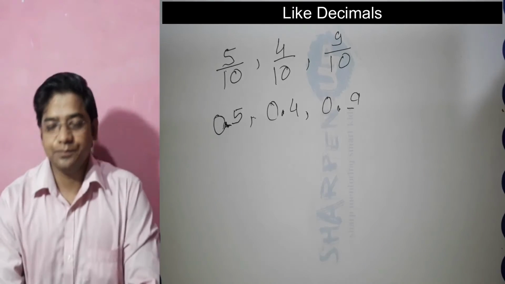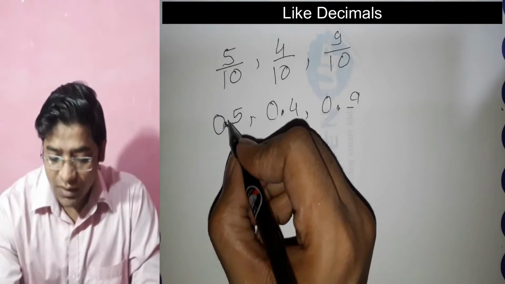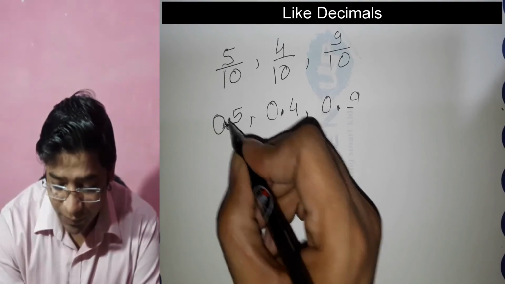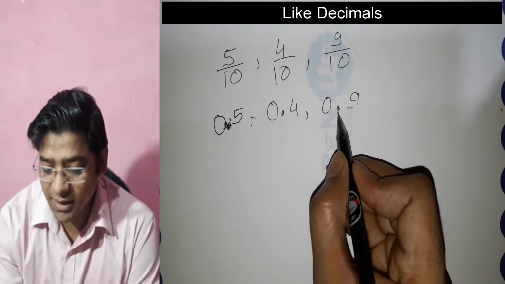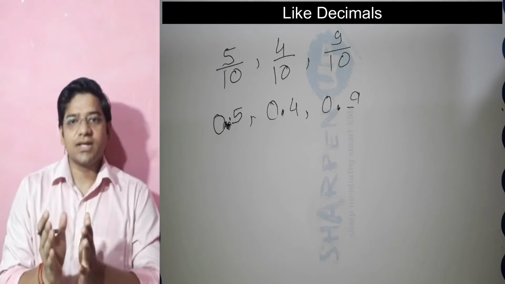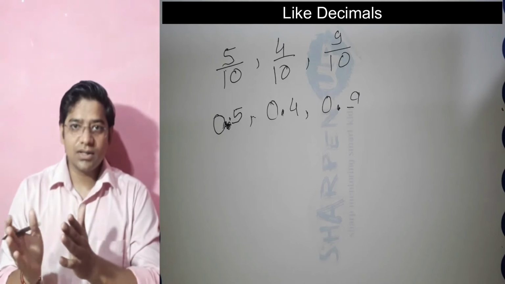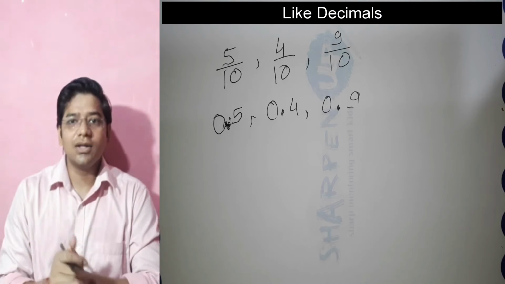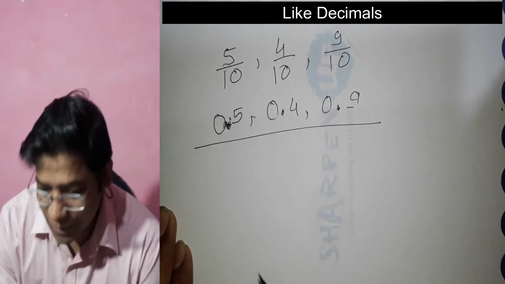So what we see here is that in every decimal number, the number of digits after the point is the same. So decimal numbers having the same number of digits after the decimal point are called like decimals.